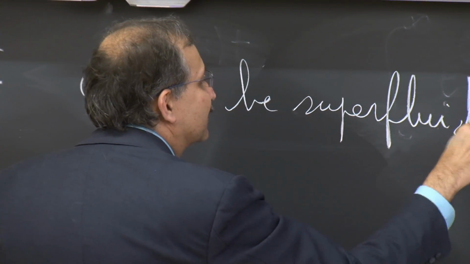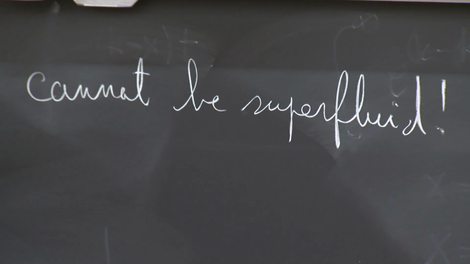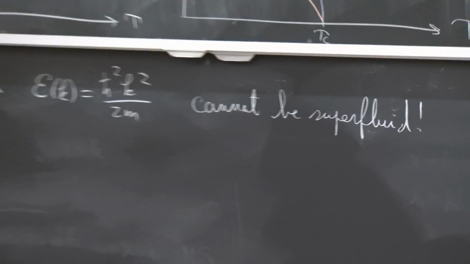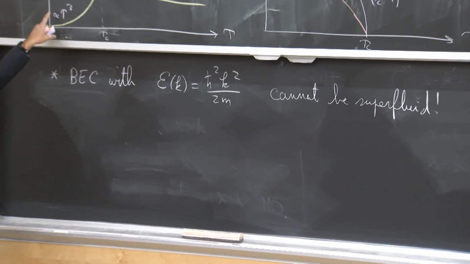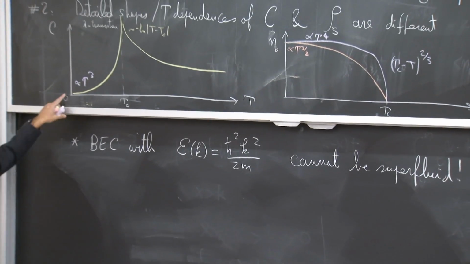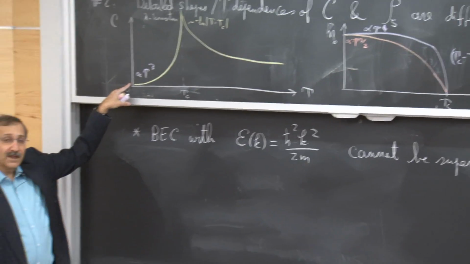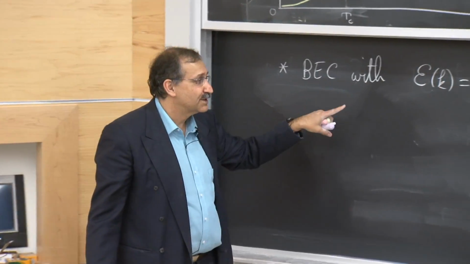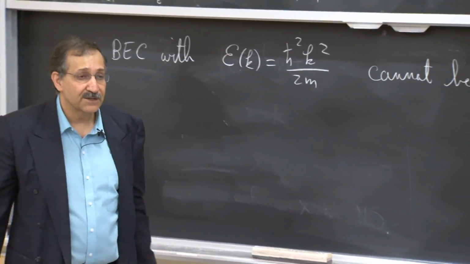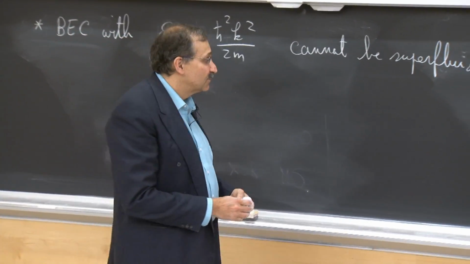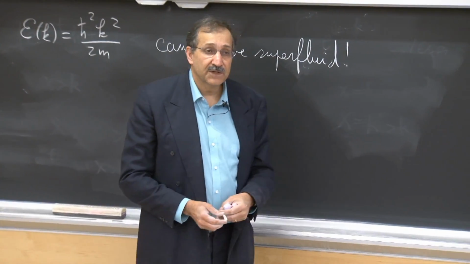There is an interesting reason for that that we will explain. And indeed, we'll see that having excitations that are phonon-like is compatible with superfluidity. This kind of excitation is not. So why is that, etc., we'll talk about next time.